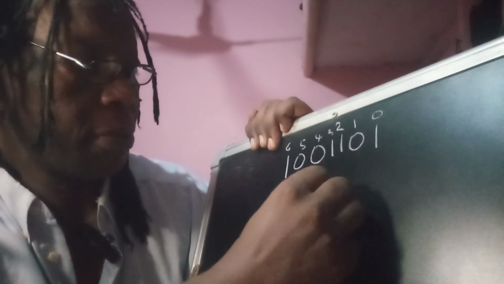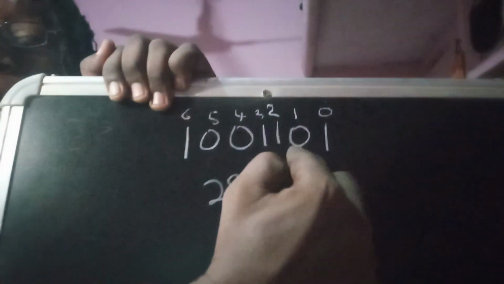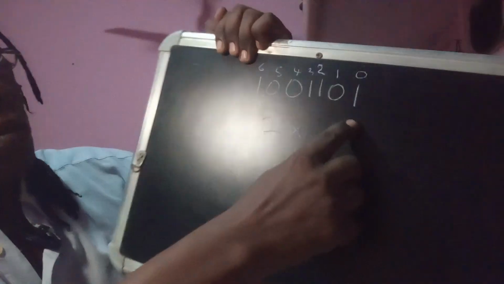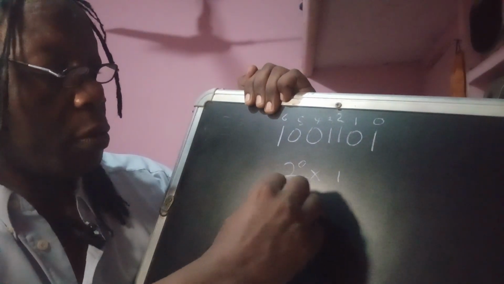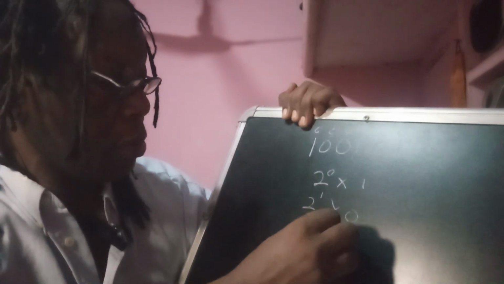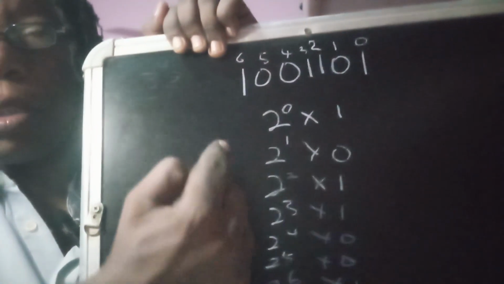So we write 2 raised to power 0 times 1. Then 2 raised to power 1 times 0, 2 raised to power 2 times 1, 2 raised to power 3 times 1, 2 raised to power 4 times 0, 2 raised to power 5 times 0, and 2 raised to power 6 times 1.